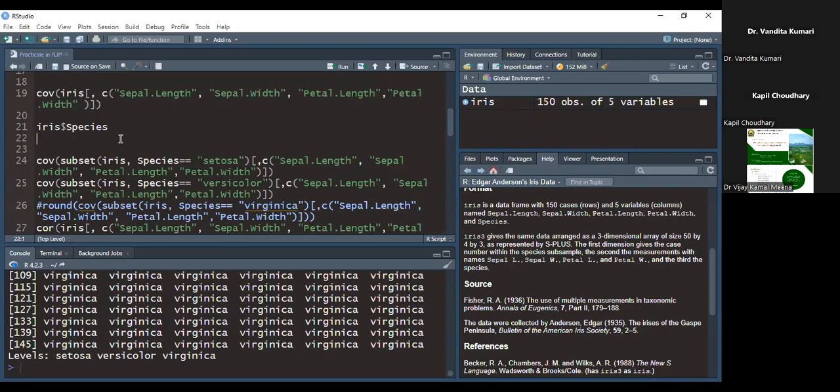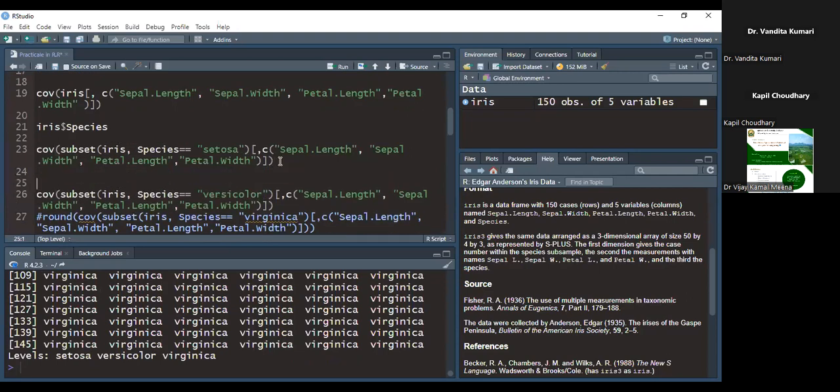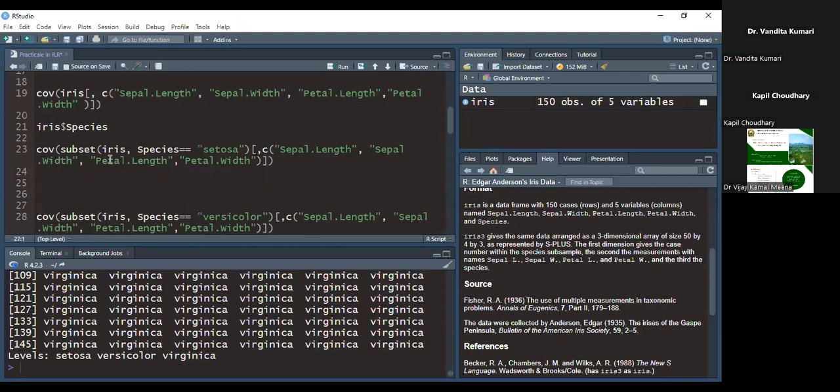Now we would like to know the variance covariance matrix species wise, not all together. So we use the covariance function to find out the covariance, and we are going to work on only a subset. How is the subset? The data set is named iris, and species is equal to, we will write 2 times equal to.